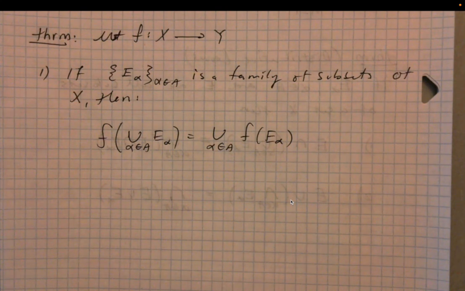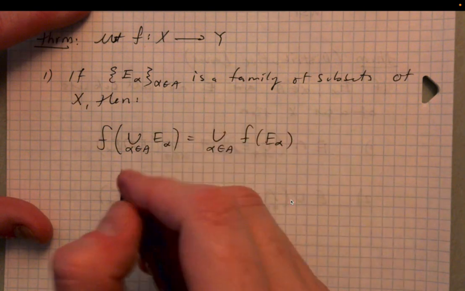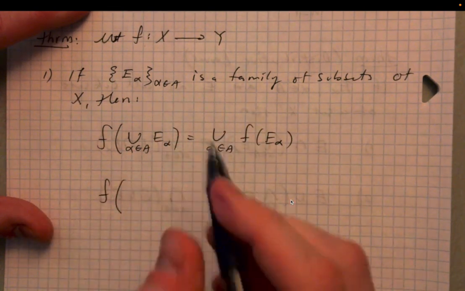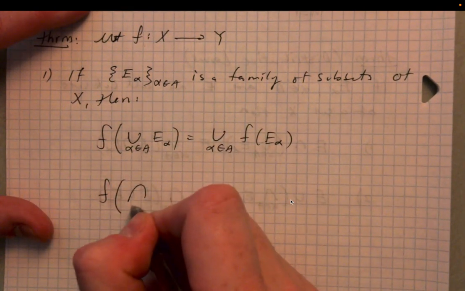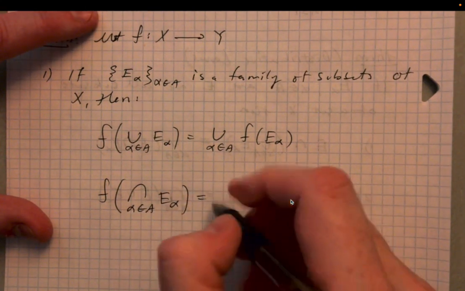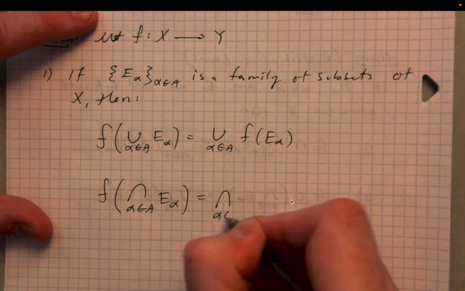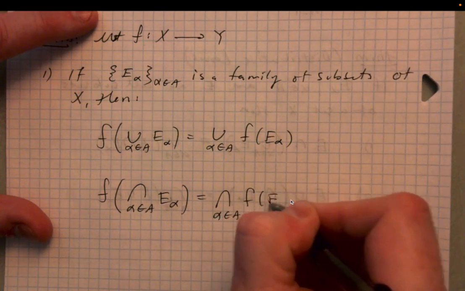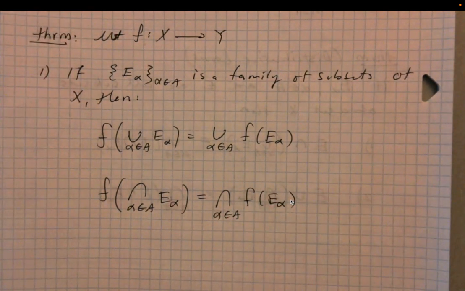So if I evaluate f on the entire union of the indexed family of subsets, it's equal to the union of the individual subsets evaluated under f. And f of the intersection of E alpha is equal to the intersection of f of E alpha.